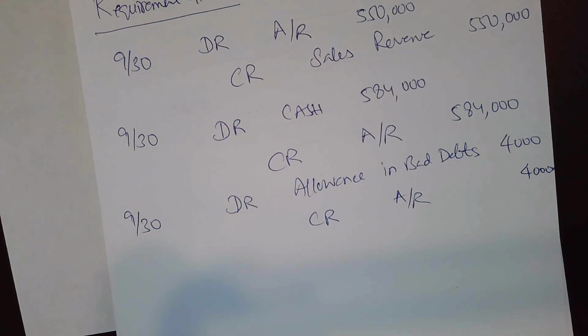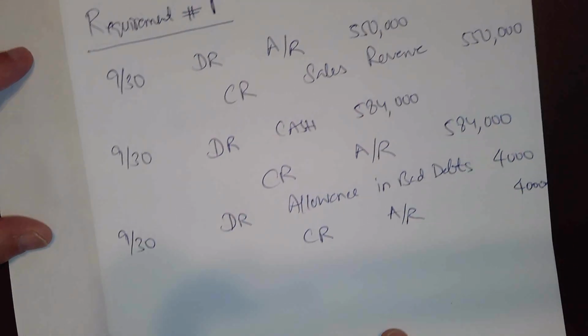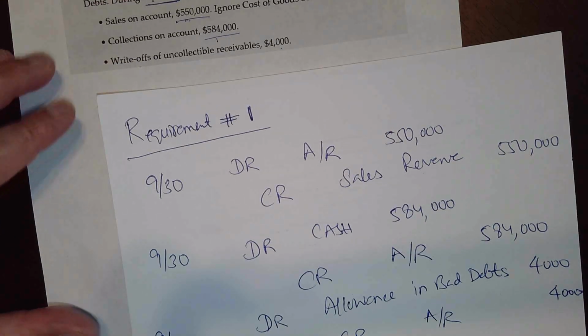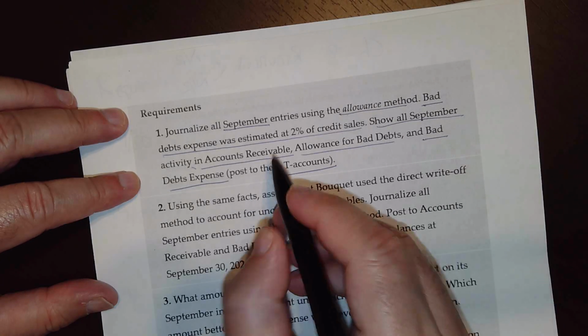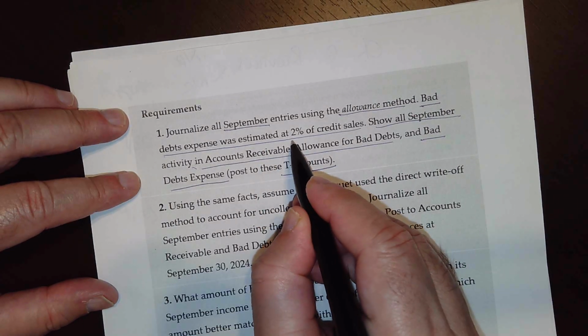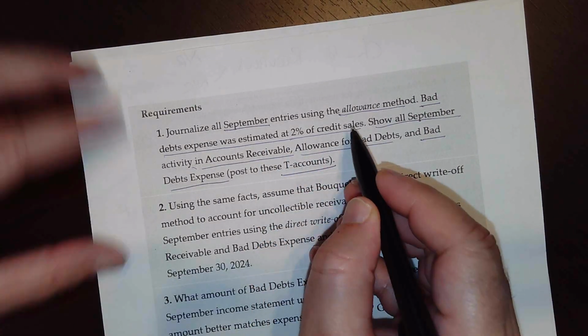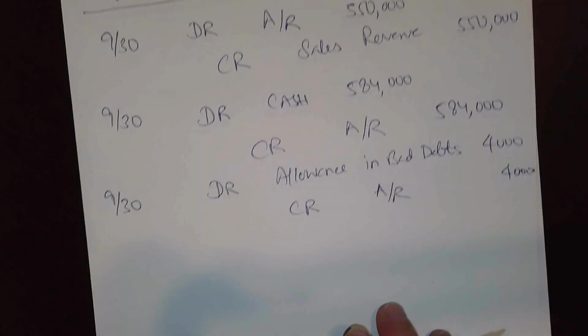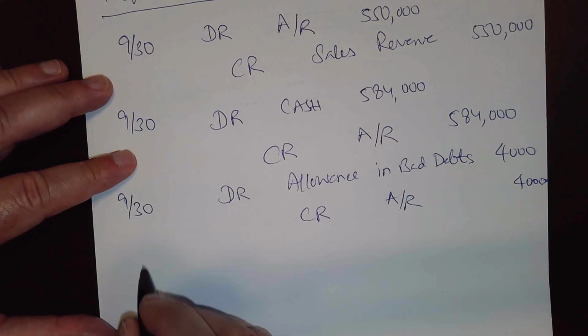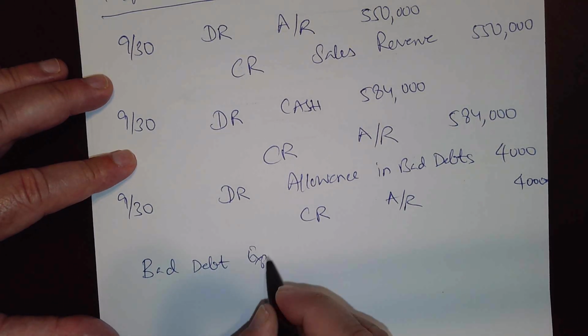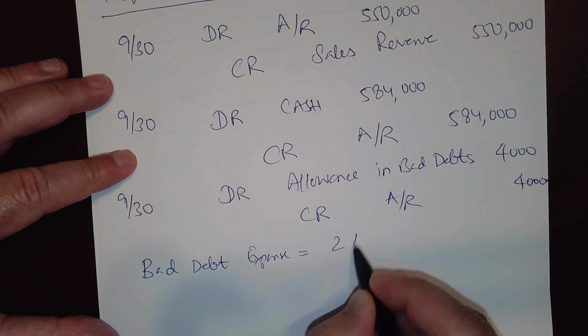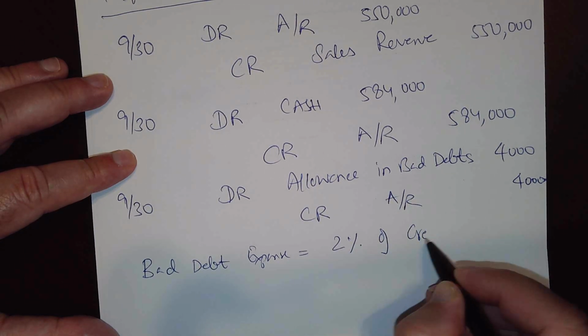In the requirement, they told us the bad debt expense is 2% of the credit sales. So first we have to calculate the bad debt expense. Bad debt expense is equal to 2% of credit sales.